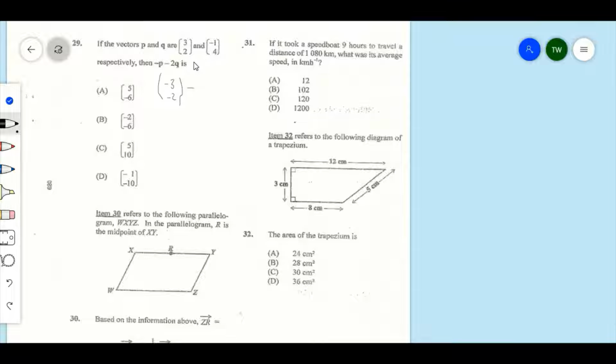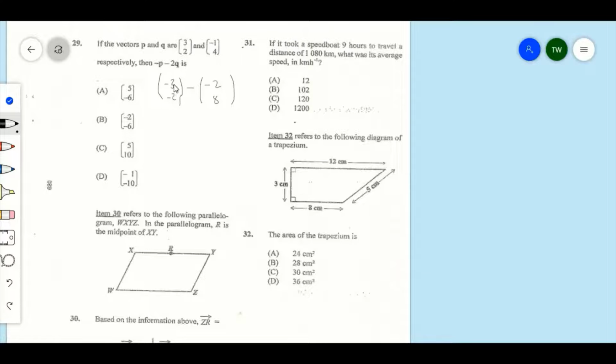Minus 2Q, and 2Q is going to be 2 times negative 1, that's going to be minus 2, and 2 times 4, that's going to be 8. And when you are subtracting vectors, you subtract corresponding elements.